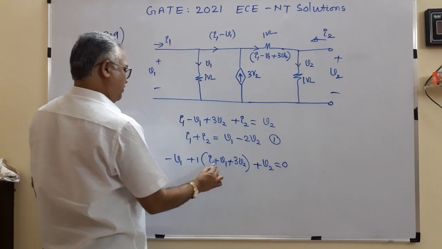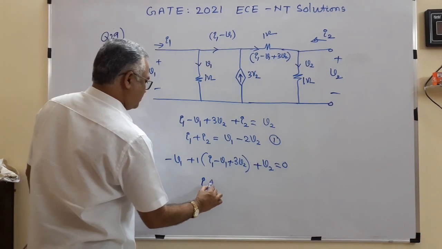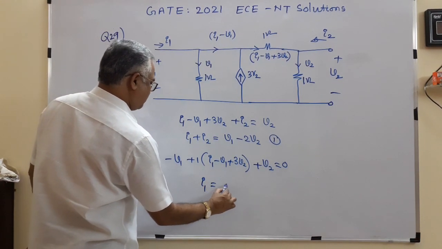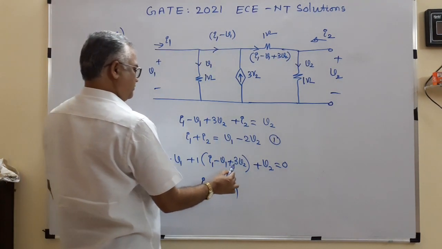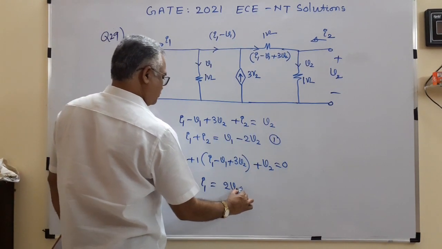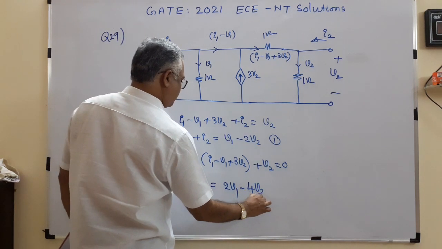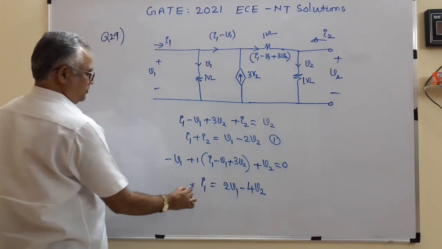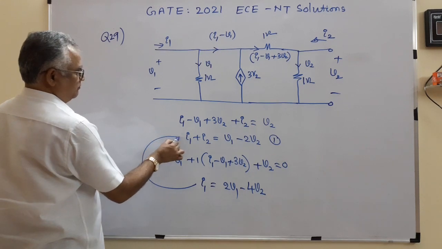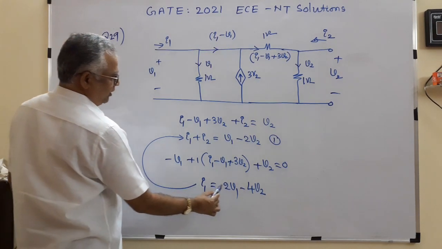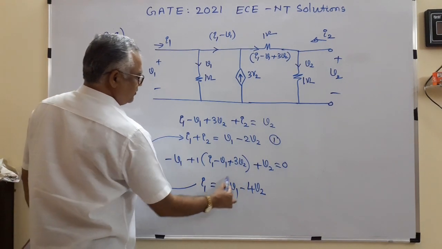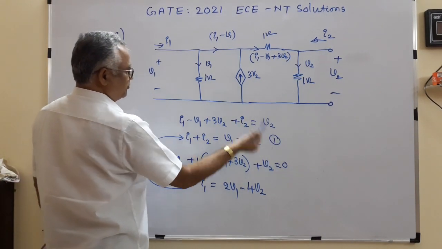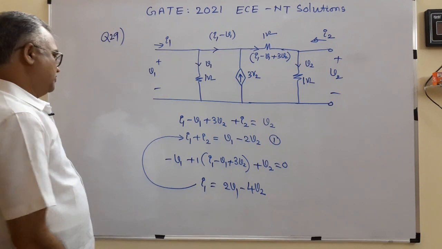I1 minus V1 minus V1 minus 2V1 is equal to 2V1, then 3V2, so minus 4V2. Substitute this here: I1 in terms of V1, V2, replace I1 with this, then I2 in terms of V1, V2.